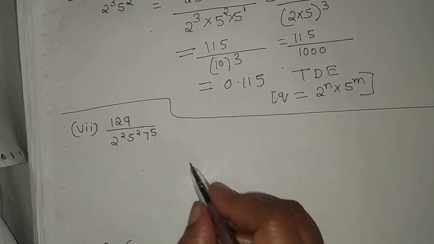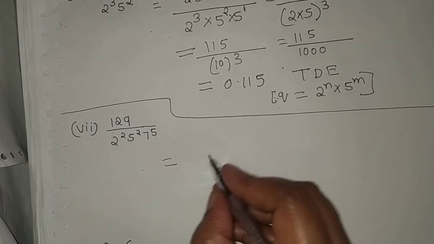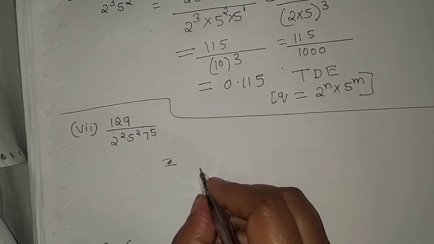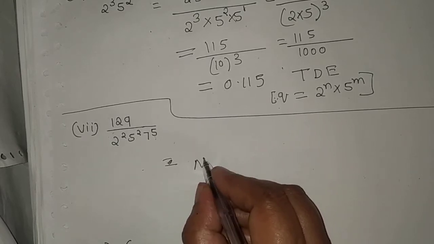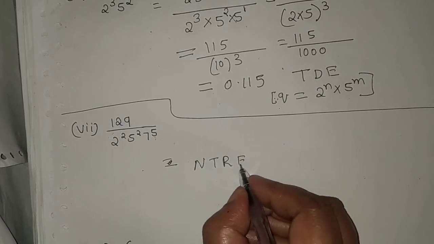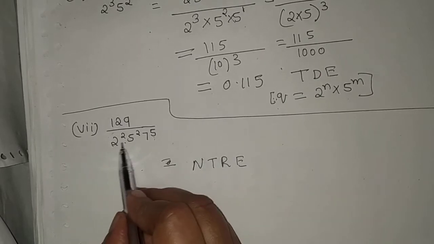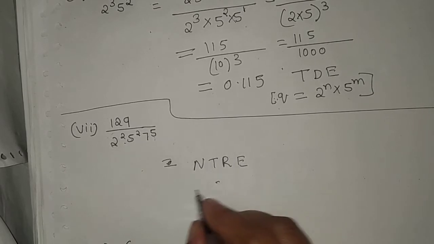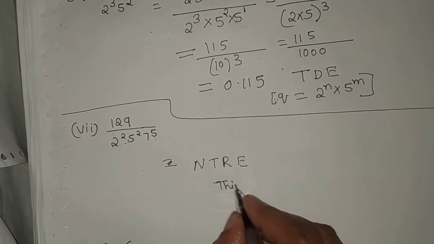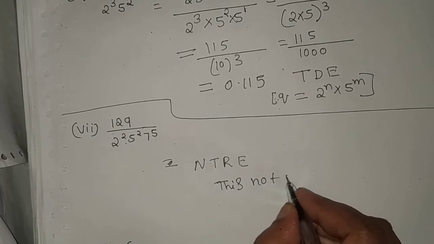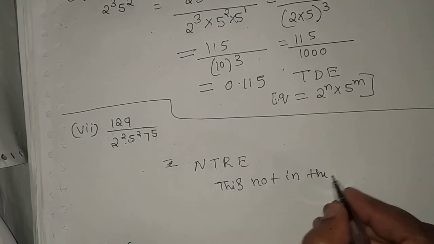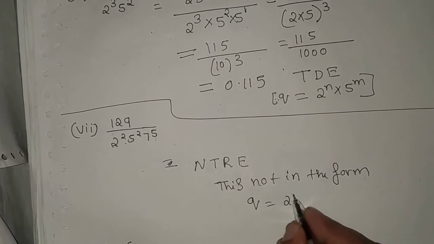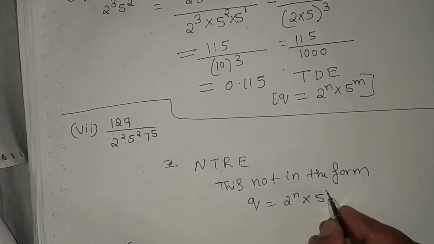So by seeing this question only, this is not in the form that we can write directly as TDE. So here we contain 2, 5, 7, 5. So this is not in the form, that is q is equal to 2 power n into 5 power m.